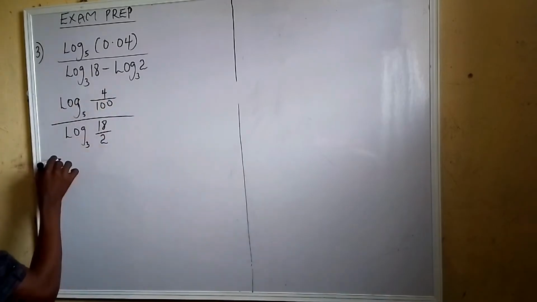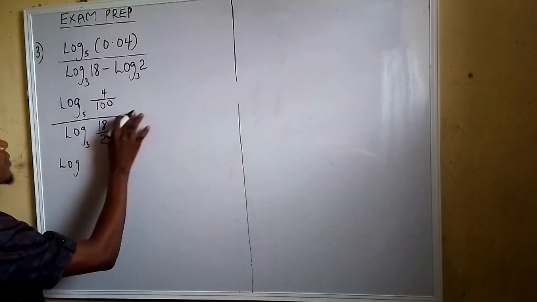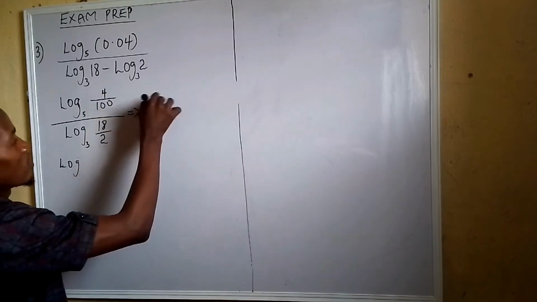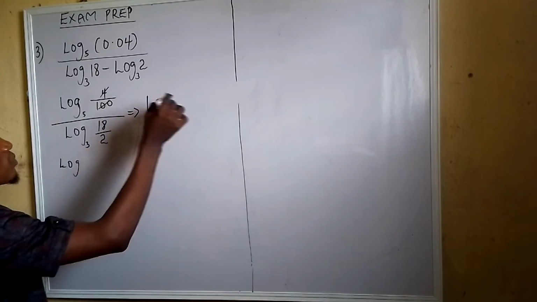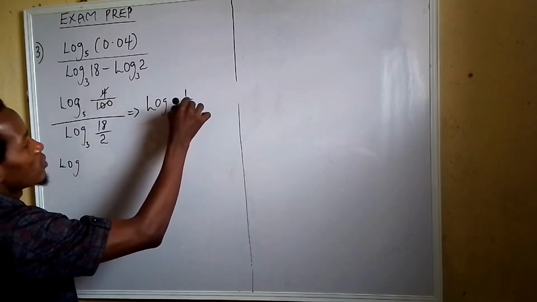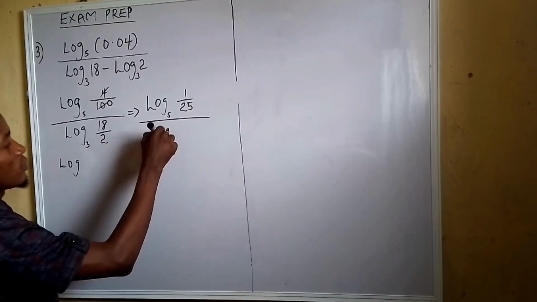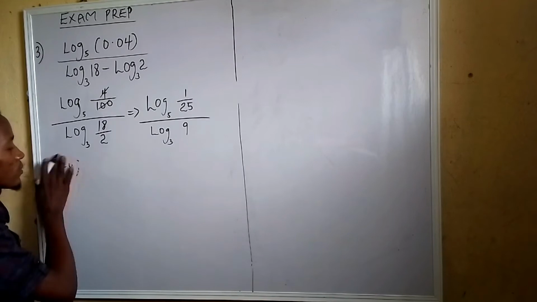Now continuing with the numerator, this implies log base 5 of 4 over 100, which gives us 1 over 25, all over log base 3 of 9.